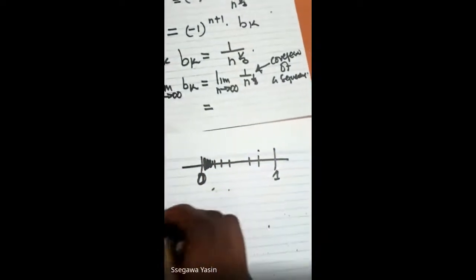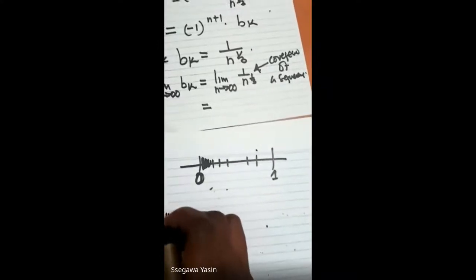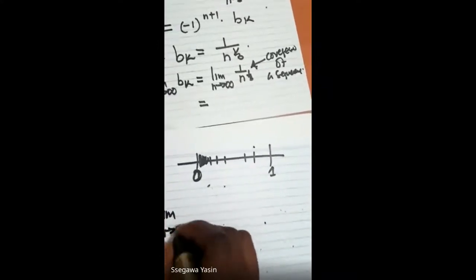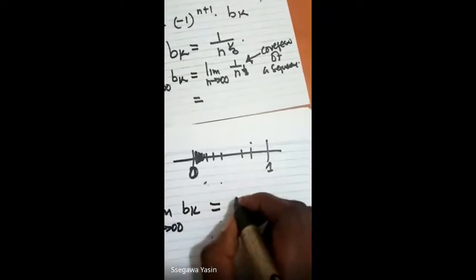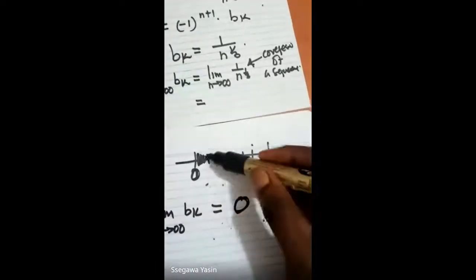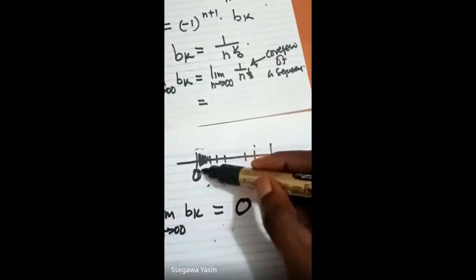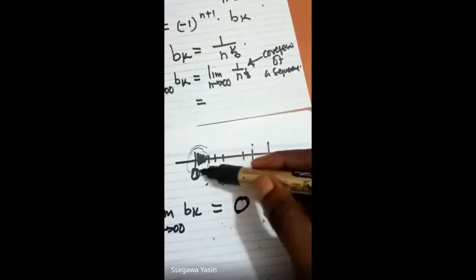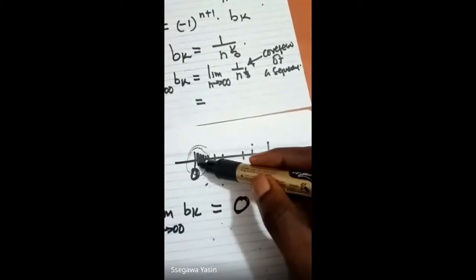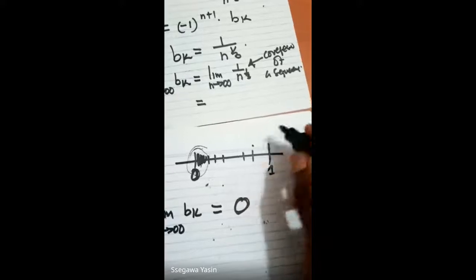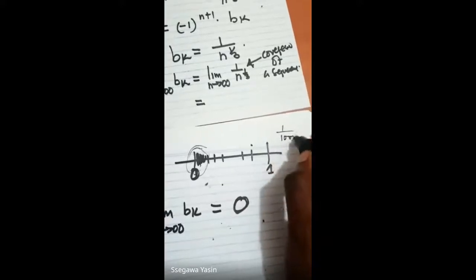And this guy here, therefore, as n goes to infinity, bk equals 0. Because you see that convergence will be around this point. It will not reach 0, but it will be close there. Because when you say 1 over 1 million to the power a third, it will be 0.00 something, but it will not be 0.